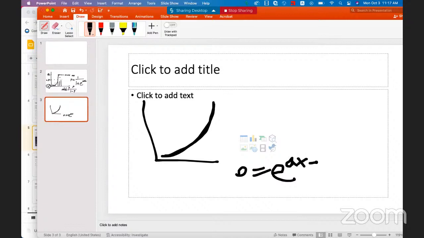Is that what you call curved linear, I believe? So this odds equals this equation, okay? And the odds equals P divided by 1 minus P.